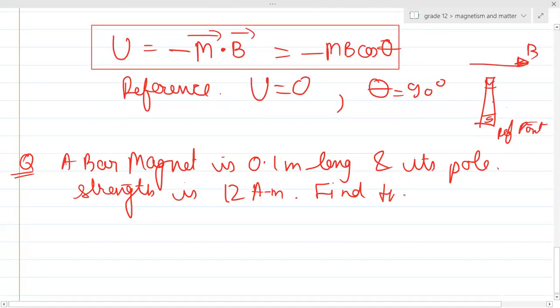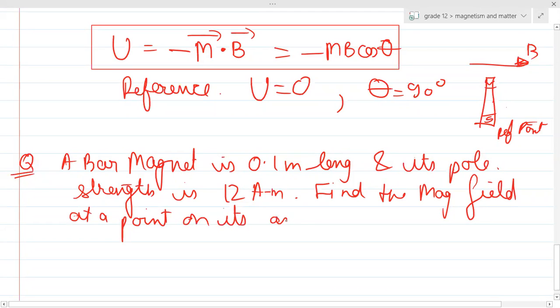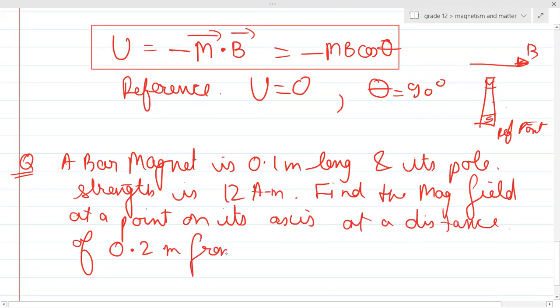Find the magnetic field. Easy question. At a point on its axis at a distance of 0.2 meter from its center.